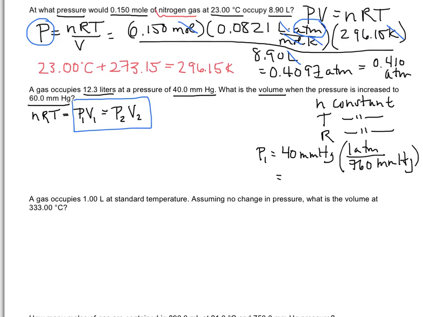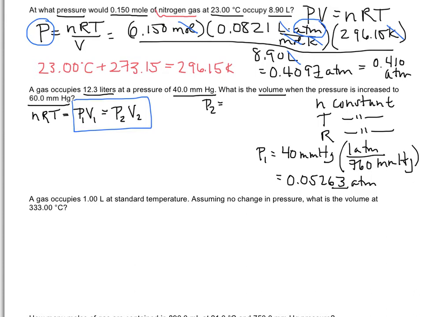And that gives my first pressure to be 0.05263 atmospheres. And I can see I'm not really going to have enough room here, so let me see if I can fit my pressure 2 up here.